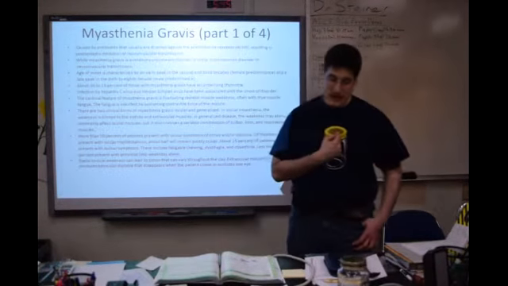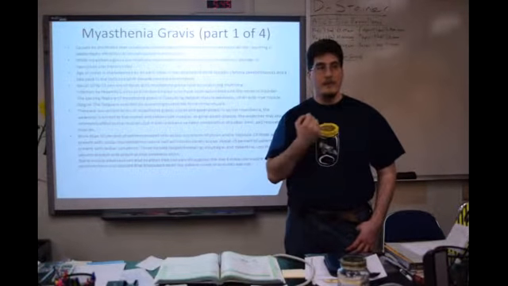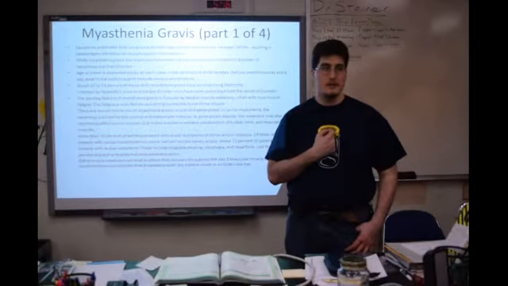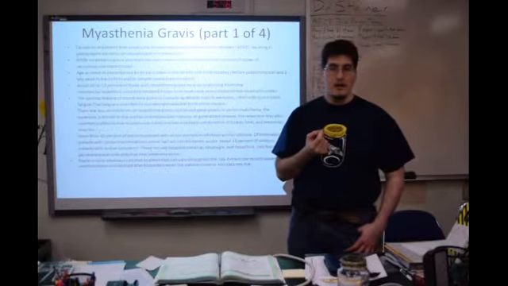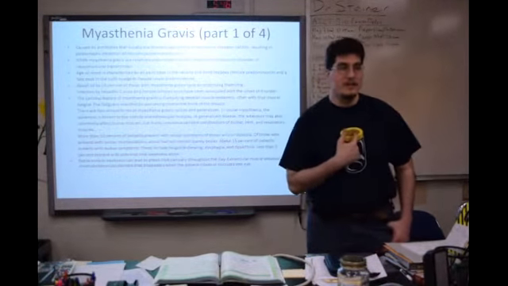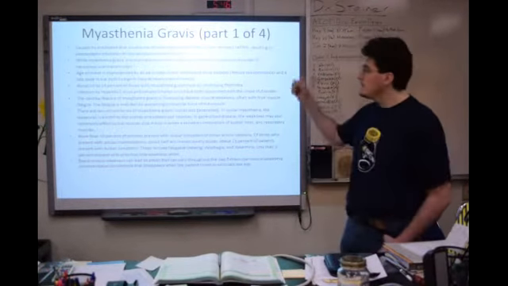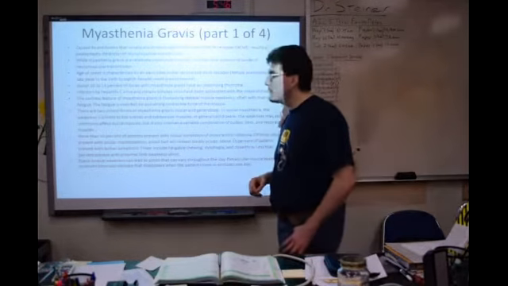The thymus gland is the gland where the T cells mature. So there is a strong link between T cell activation here and myasthenia gravis.